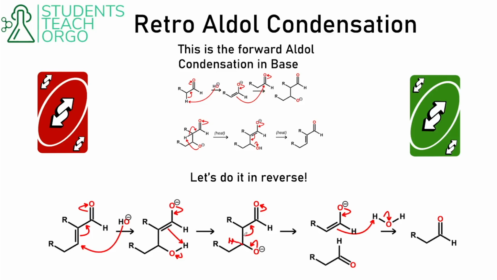And in this case, the best leaving group is actually this whole thing right here. And so we can then make an enolate, and the first step in the aldol condensation is making an enolate, so it makes sense that the last step in the retro aldol is taking apart that enolate by having the enolate attack water, and then you would get 2 moles of this aldehyde right here.